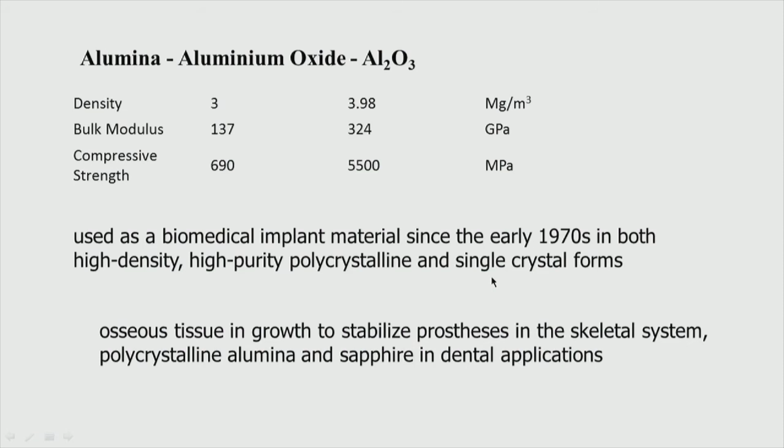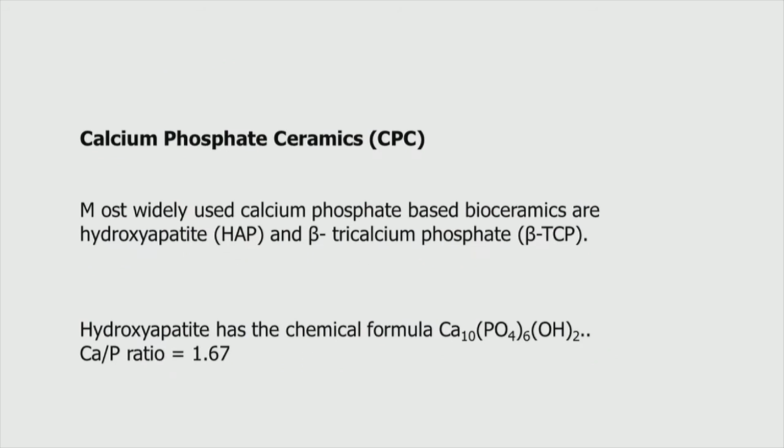This is the range of densities, modulus and compressive strength. It is used in osseous tissue ingrowth to stabilize prostheses in the skeletal system, and polycrystalline alumina and sapphire in dental applications. So, as I mentioned, mostly you will find it in fillers, bone replacement, coatings in orthopedic and in filling in dental.